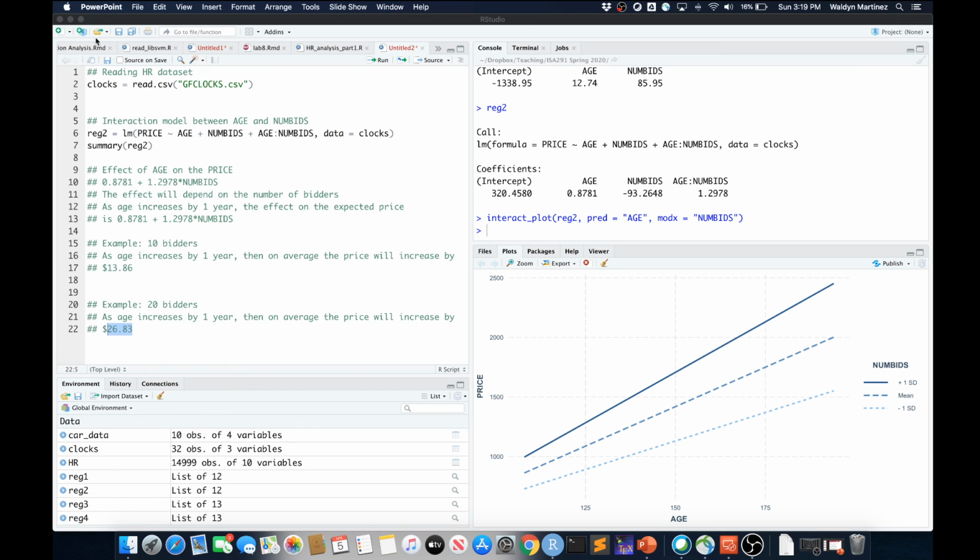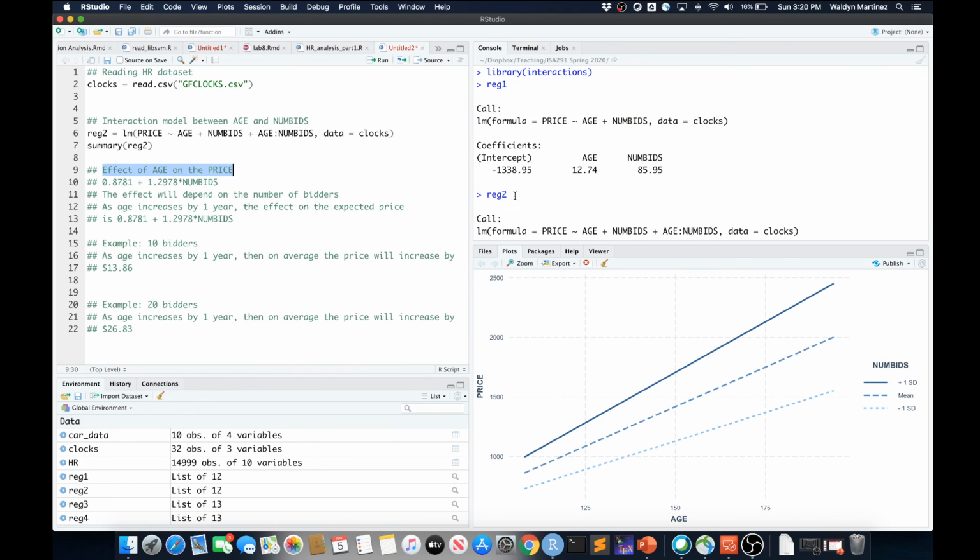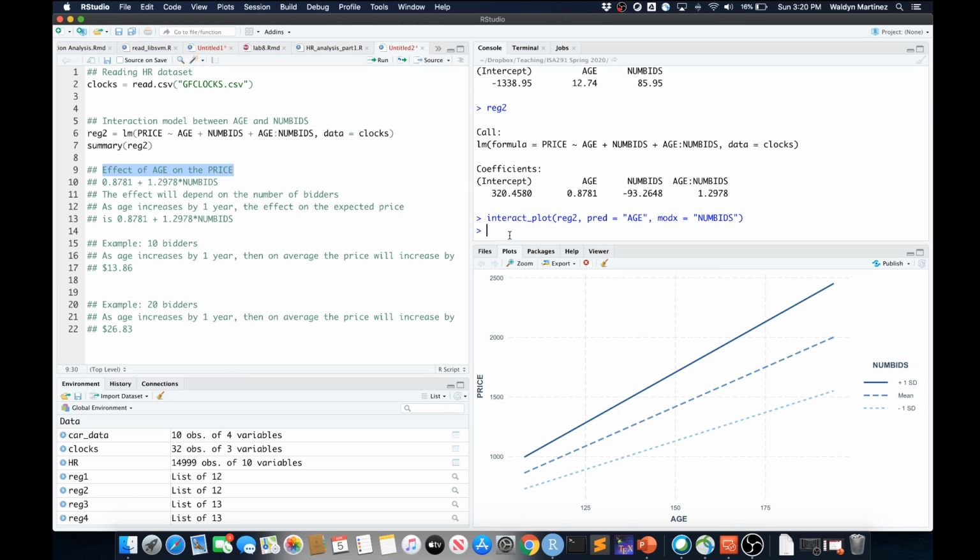But for now, the thing that I want you to keep in mind is that the effect of a variable on the response is going to be the combined contribution of the variable, not only from the slope that it has.